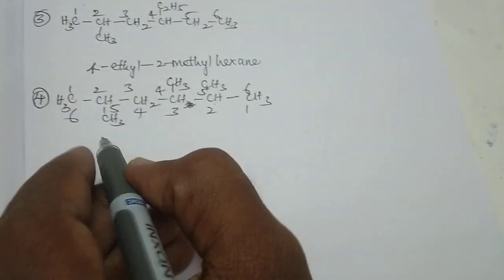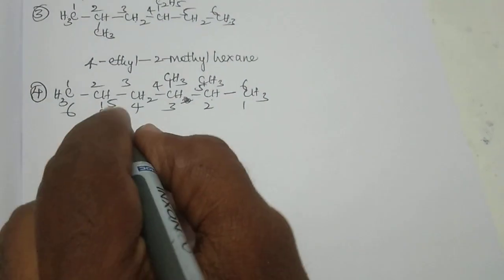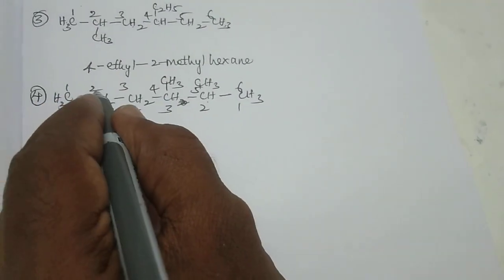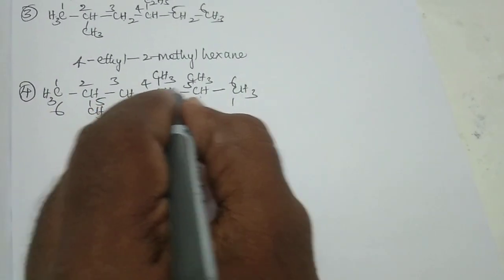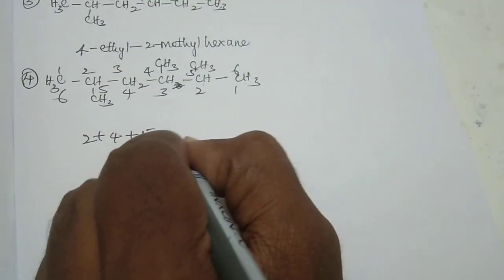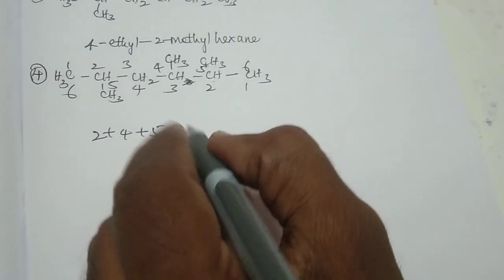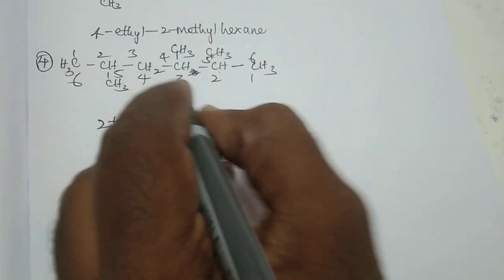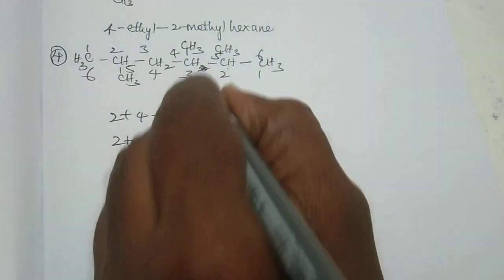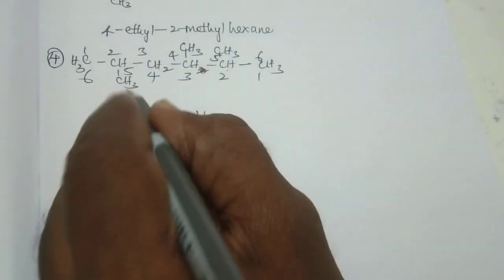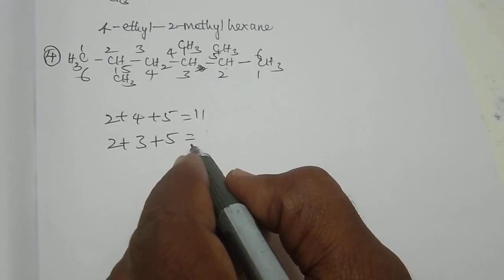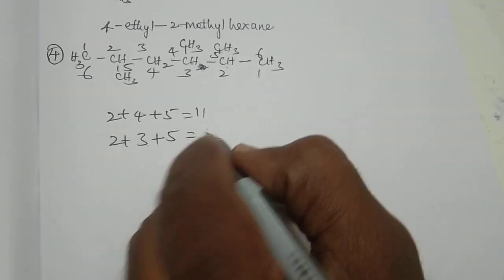Now you have to add up the carbons on which the substitutions are there. For example, from this side, second carbon one substitution, fourth carbon and fifth carbon: second, fourth plus fifth. So 5 plus 4, 9, 9 plus 2, 11. And in the other direction, second carbon you have a substitution, third carbon a substitution, and fifth carbon a substitution. So 5 plus 3, 8, 8 plus 2, 10.